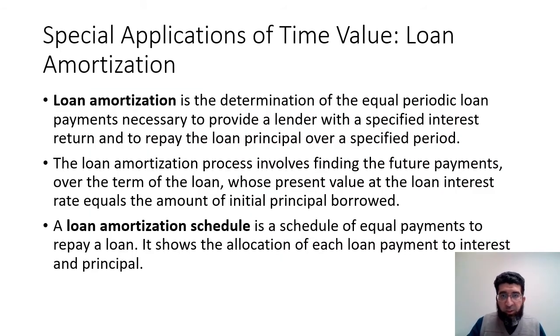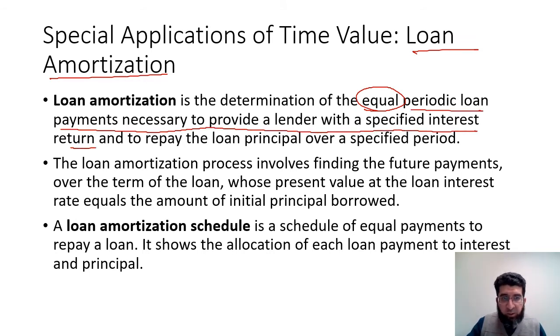Another special application of time value is loan amortization. Loan amortization is the determination of equal periodic loan payments necessary to provide a lender with a specified interest return and to repay the loan principal over a specified period.